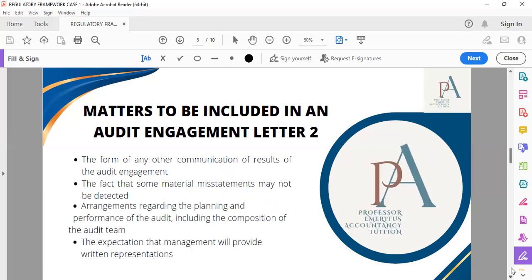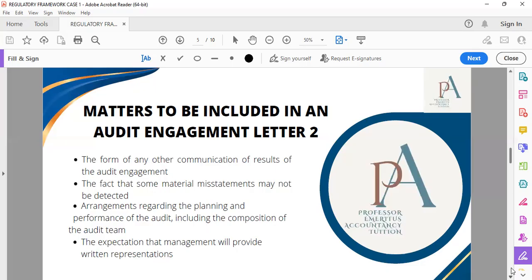So the auditor could seek permission to write to the people directly, or they'll use the company themselves to write and then ask that the reply should come to them, the auditors. So you need to agree on how the mode of communication is going to be, and even the results of your finding. Who are you going to communicate it to?